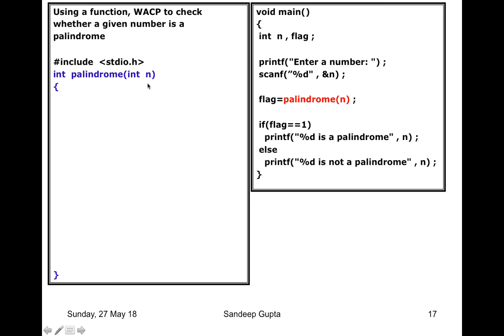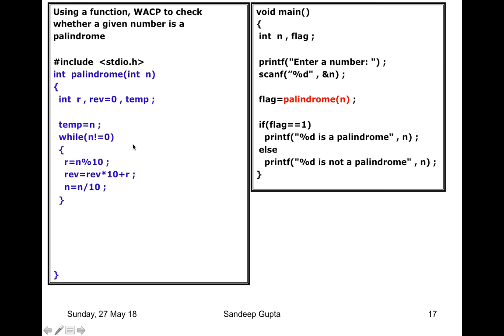For example, a number like 121. Now, why have I been telling you that you already know this program? Because don't forget, we have already done a program to find a reverse of a number. And we will use the same logic over here, and that is this logic. By the way, you will find this logic in a program of the previous chapter. Using while loop, we had done a program to find reverse of a number.